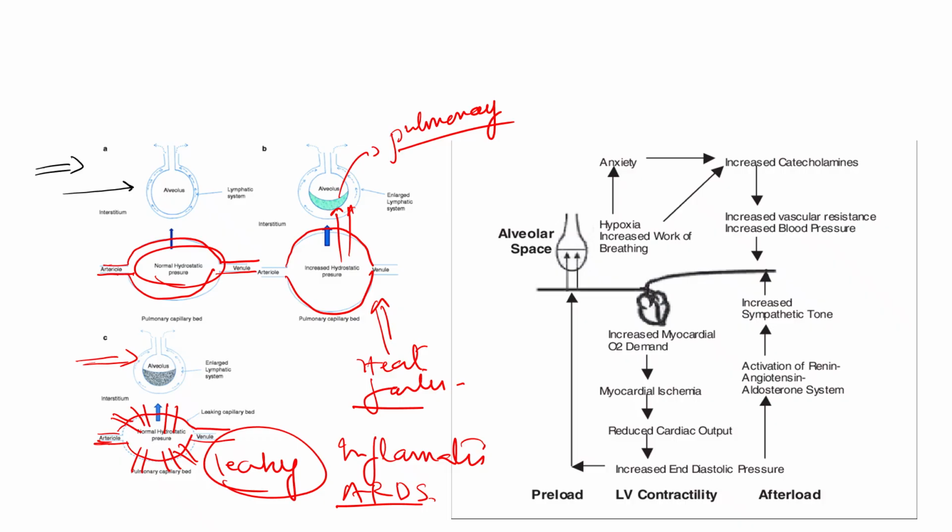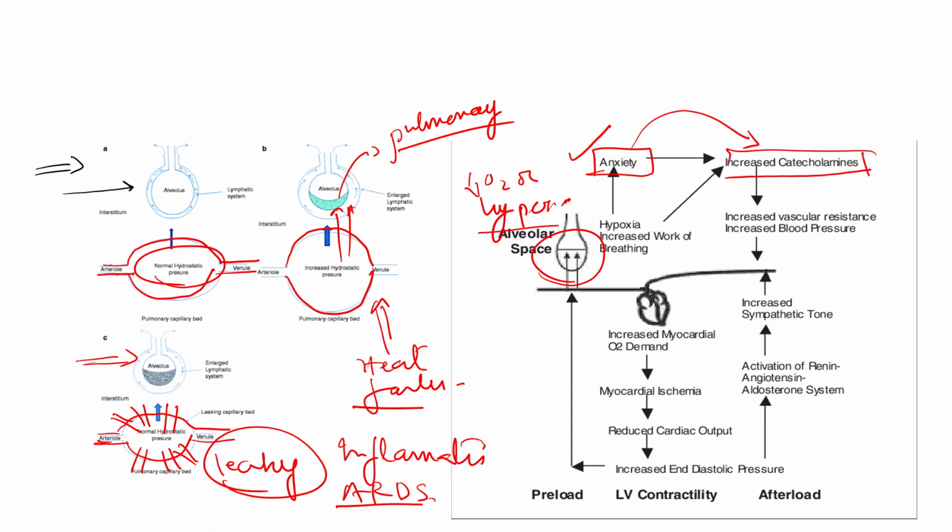Now what happens when patient has fluid in the alveoli or pulmonary edema develop, that will result in decreased oxygen or hypoxia. So patient will have difficulty in breathing, which will create anxiety. Anxiety will result in increased catecholamine, which is increased epi and norepinephrine, which will result in vasoconstriction of the blood vessel, which will increase sympathetic tone.